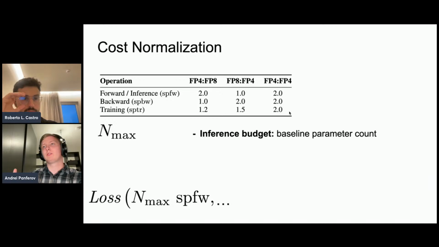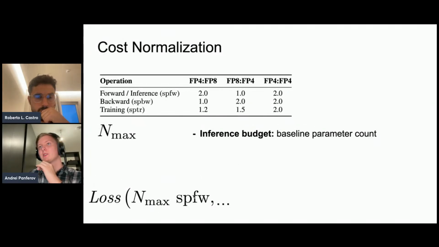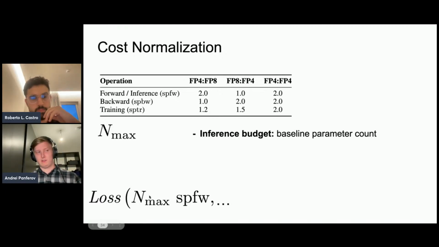And to account for the fact that different precisions can have some sort of inference speedup, denoted as P forward here, relative to the baseline, to have an inference cost normalized model in a different precision, you can pick the parameter count that would be proportional to the speedup, meaning that if your data type is 2x faster and you want to have a model that runs at the same inference cost as a model with nmax parameters in baseline, you can pick a model with 2 times more parameters with the 2x faster data type, arriving at exactly the same inference speed.